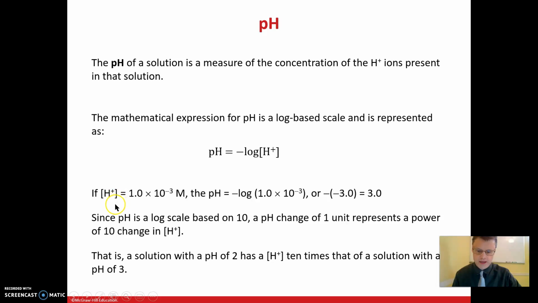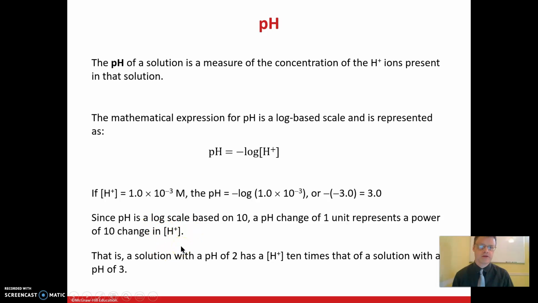As an example, if the concentration of H plus ions was 1 times 10 to the negative 3rd moles per liter, or molar, then we could plug that into this formula, and the pH would be 3. One thing to keep in mind is if the pH is changing by 1 unit, that represents a change of 10 times the concentration of H plus.